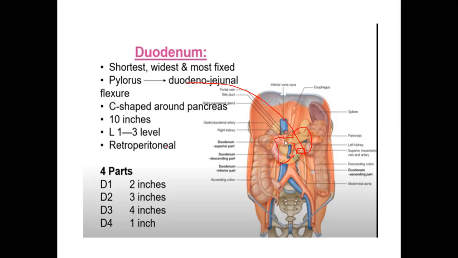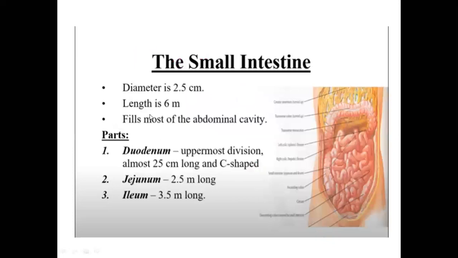It is a C-shaped area around the pancreas, and if we look at all four parts of the duodenum, it is about 10 inches in total. Now, can anyone tell me whether the duodenum is an intraperitoneal or retroperitoneal organ? Anyone?